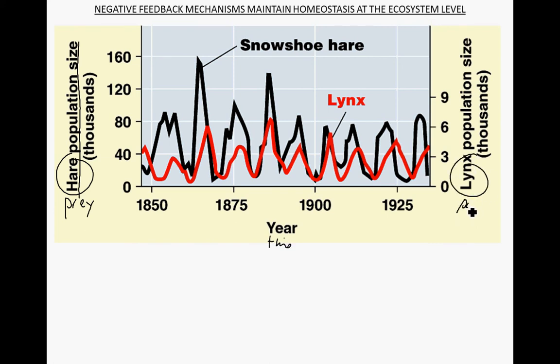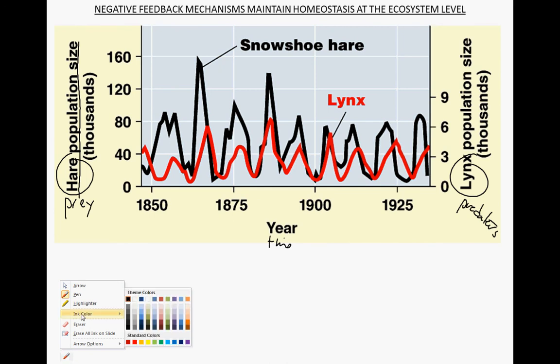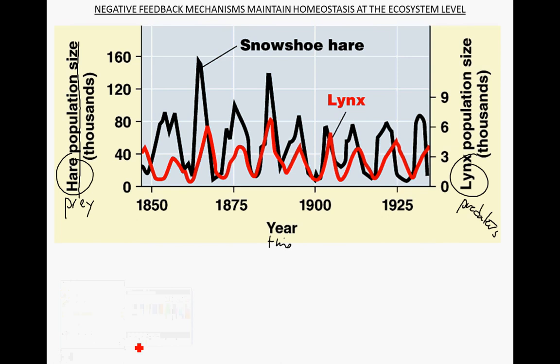And these lynx are predators, right? Now, the color scheme on your papers is black and white, so you may want to add some color to it. But the lynx populations are in red, right? So let's change to red here. So the lynx are the predator populations.